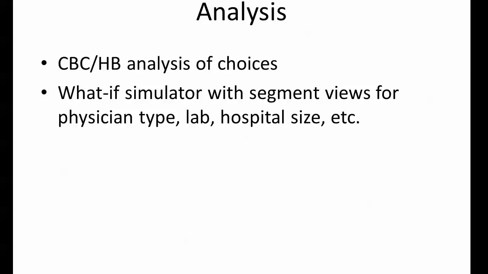And we built a simulator so that the end users, the marketers at the manufacturing company, could look at the results by physician type, by lab, by hospital size, by area of the country. They could cut those 200 respondents any way they wanted to, any way they felt comfortable up to the limitations of sample size.